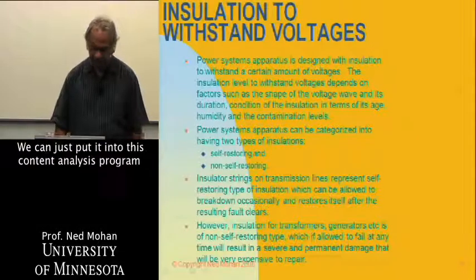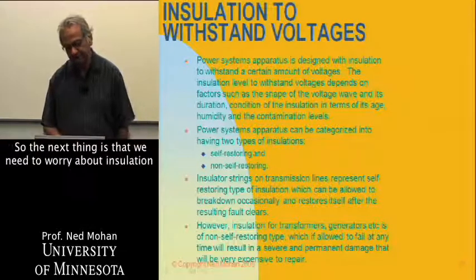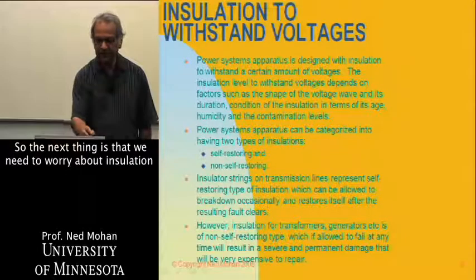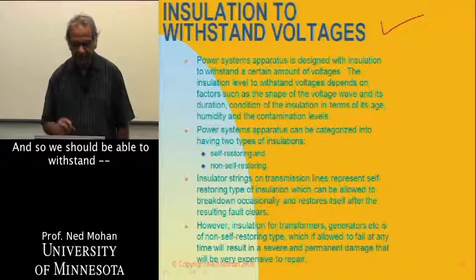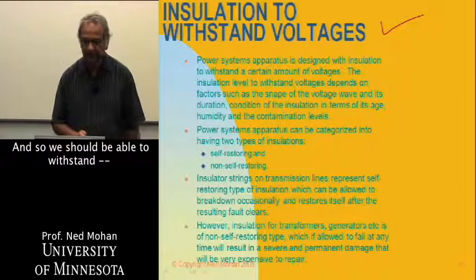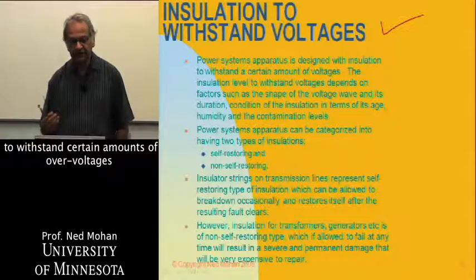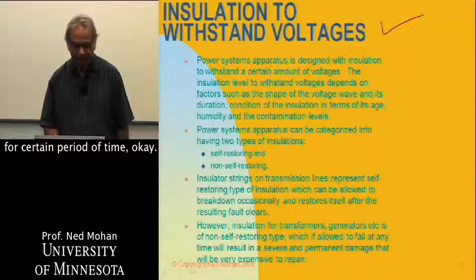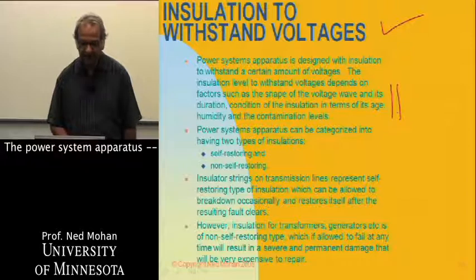We can just put it into this transient analysis program, and we'll have our answer. So the next thing is that we need to worry about insulation to withstand these voltages. This insulation should be able to withstand a certain amount of overvoltages for a certain period of time, and it depends upon many factors as listed here.